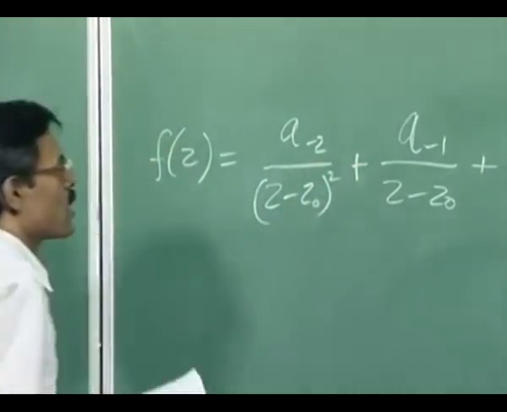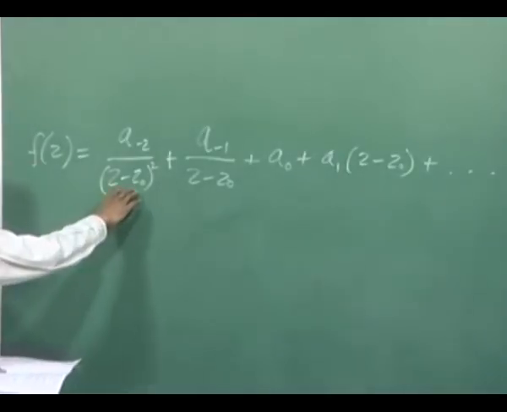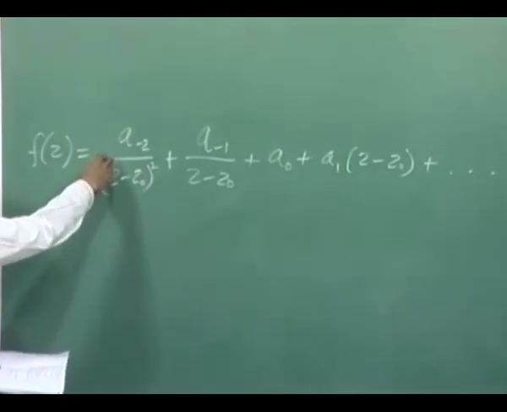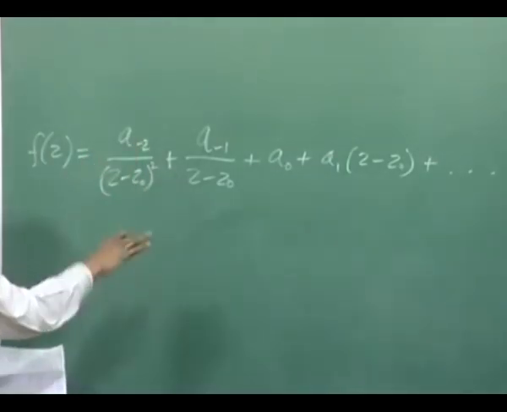If the function f(z) has a pole of order 2, then this will be its Laurent series. Below z minus z0 to the power minus 2, the lower terms are absent.